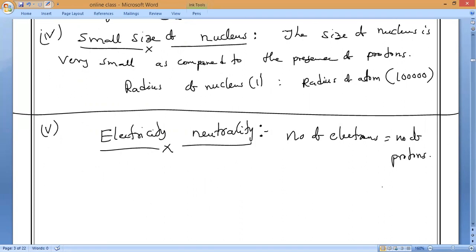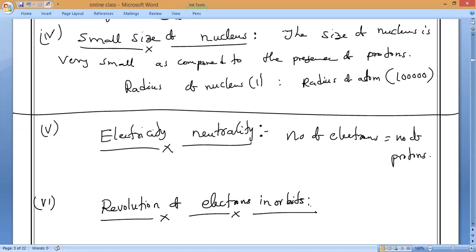And also, electrons are not stable in nature. They are always revolving in what? Revolution of electrons in orbits. So that is what it is. They are not in a particular place. They are not stationary.